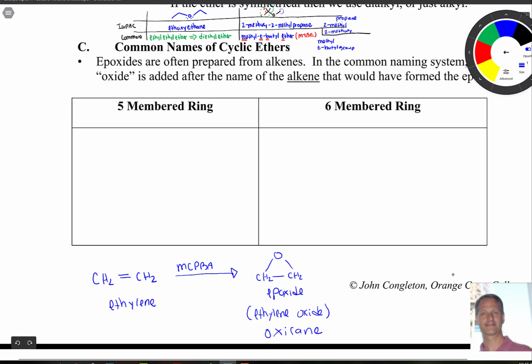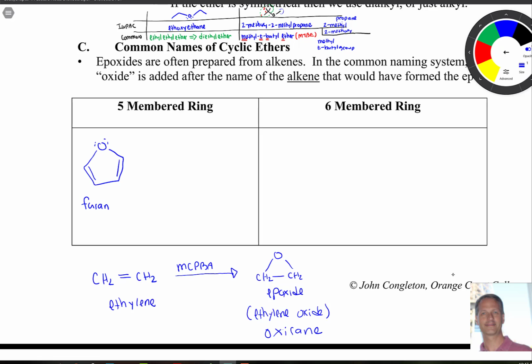All right, now let's take a look at how we name these things as far as being cyclic. So there's a couple basic things that you need to know here. So with 5-membered rings, we have 2 common compounds that I want you guys to be familiar with. So we have this guy here. This is known as a furan, 5-membered ring.